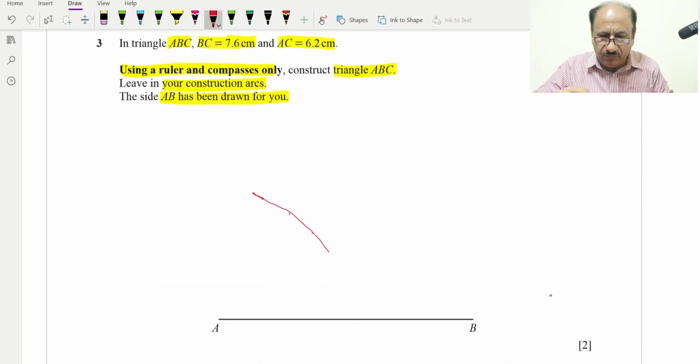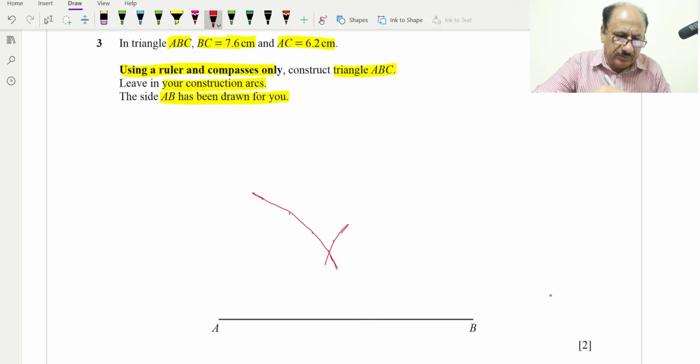So we can check for 7.6, and the 7.6 arc will be over here in this region, and further we can take another arc. 7.6 will be roughly over here, and we can extend this side also.